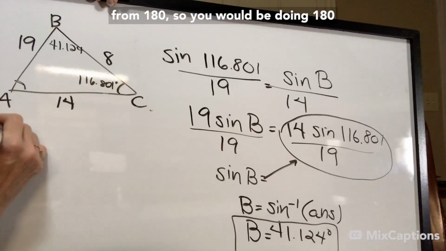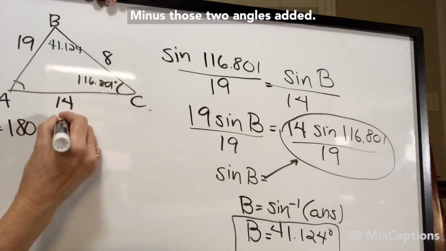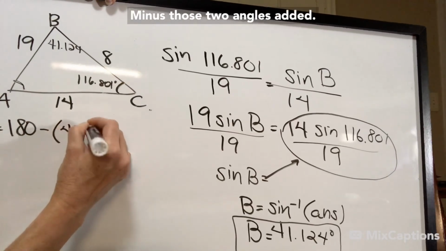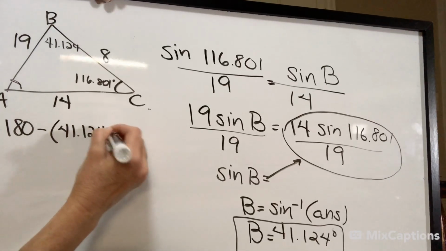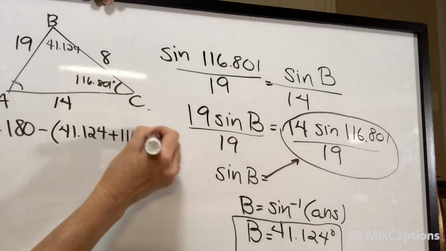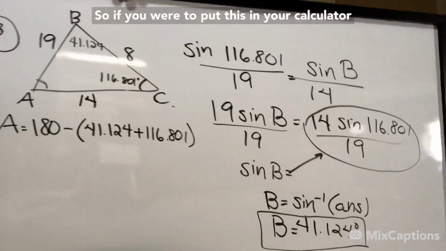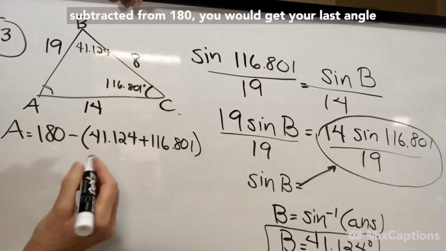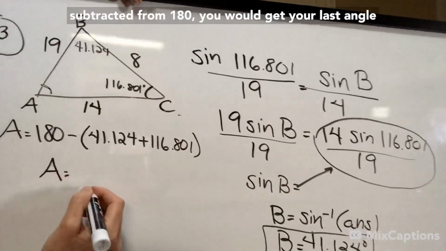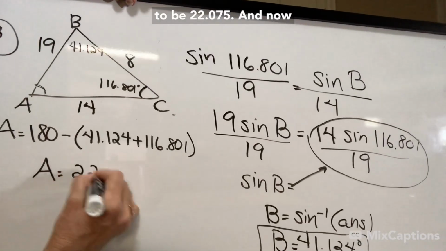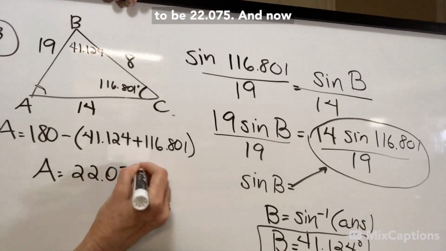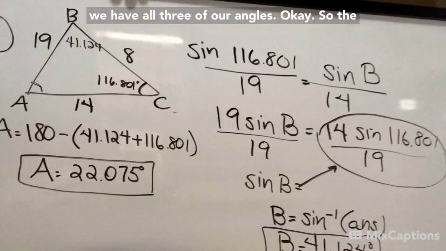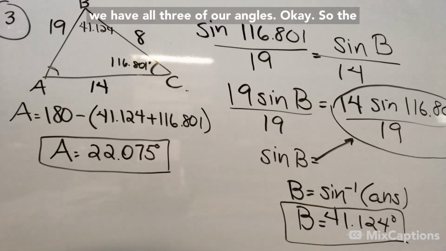So you would be doing 180 minus those two angles added. So if you were to put this in your calculator, subtract from 180, you would get your last angle to be 22.075. And now we have all three of our angles.